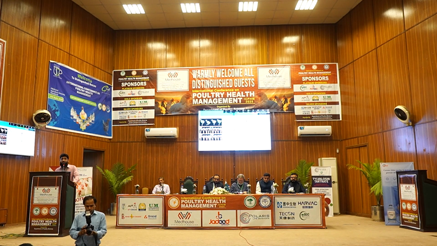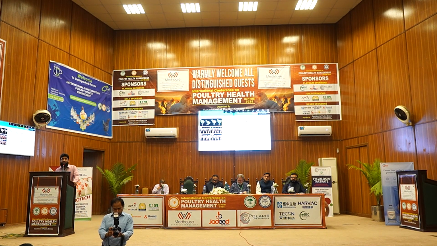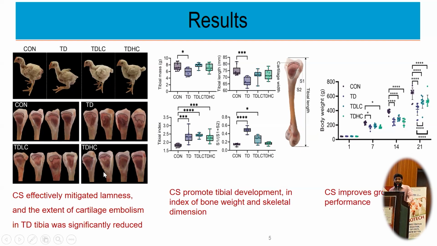But after the administration of CS at low concentration and high concentration, 800 and 1600, you can see there was improvement in the growth plate, and its size decreased, and cell proliferation and differentiation started. So we can say CS effectively mitigates lameness and the extent of cartilage abnormality in tibial dyschondroplasia. You can see the growth parameters.